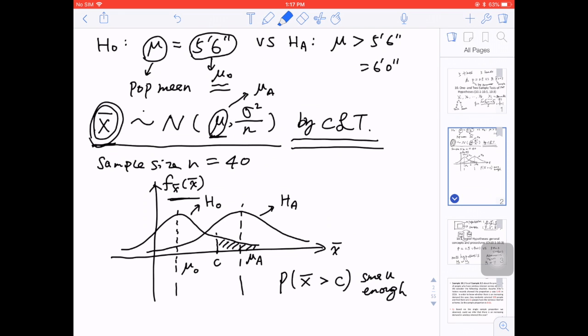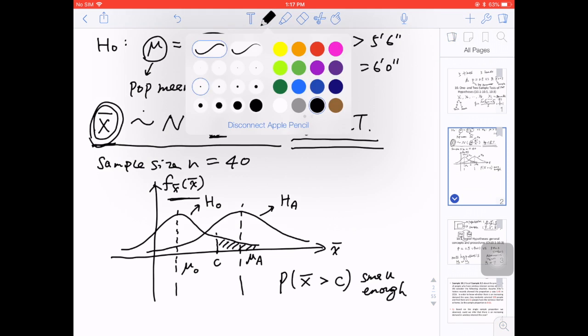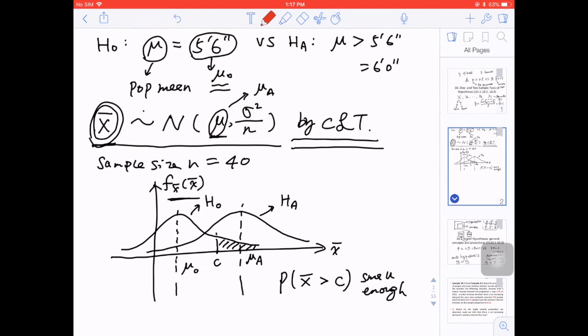But on the contrary, say I will change a color. But on the contrary, if HA is true and you fix this critical value, what will happen? It means the red area is the corresponding probability that x bar is larger than C. You see what I'm saying?